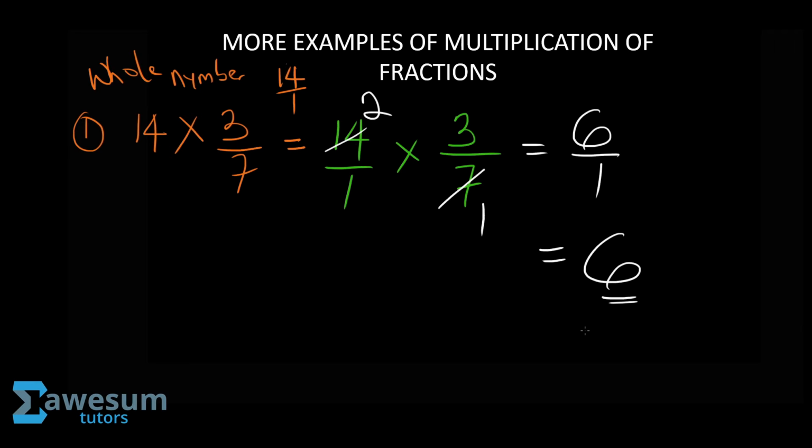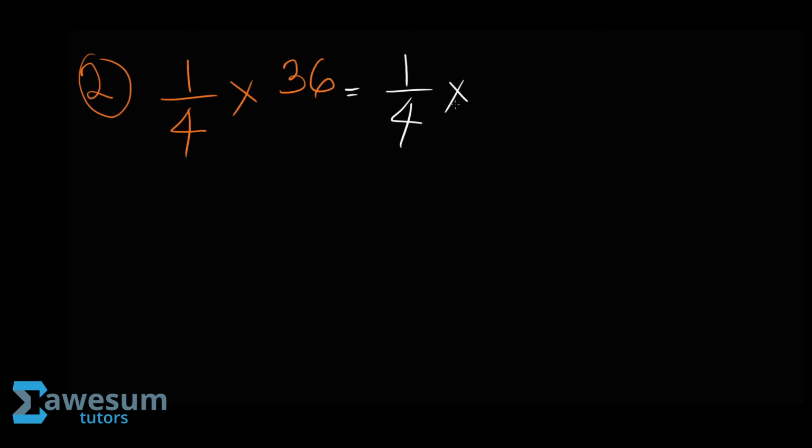Okay, let us take a look at another example for you to better understand the concepts right here. Second example, 1 over 4 times 36. 36 is a whole number which can be rewritten as 1 over 4 times 36 over 1.